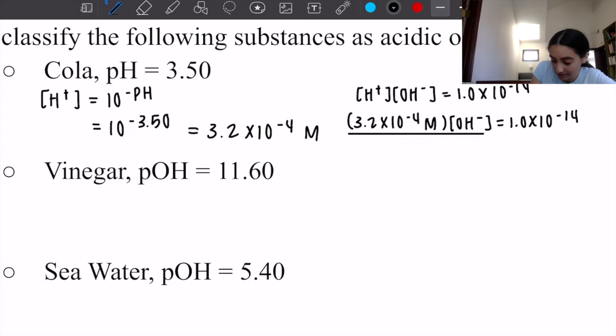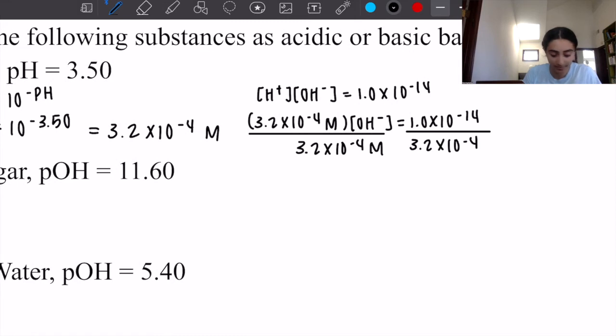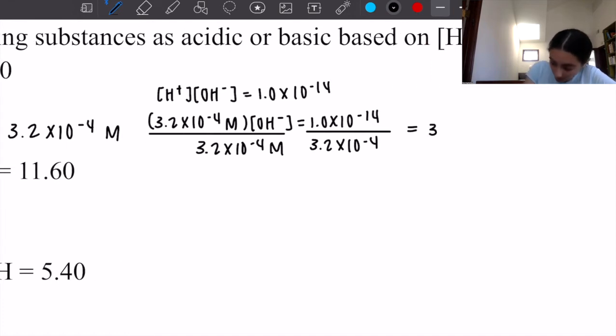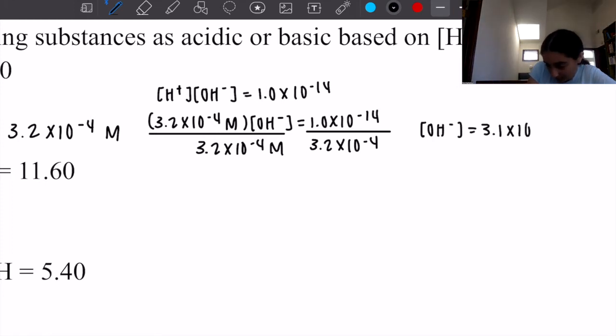And then I'm going to divide both sides by 3.2 times 10 to the negative fourth. So 1 times 10 to the negative 14th divided by 3.2 times 10 to the negative fourth is going to get me 3.1 times 10 to the negative 11th molarity.